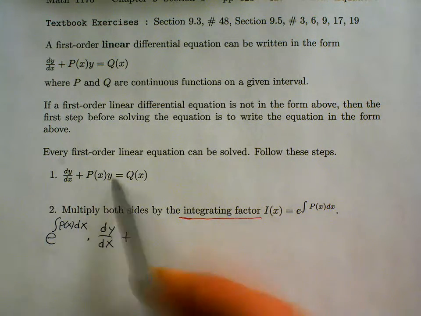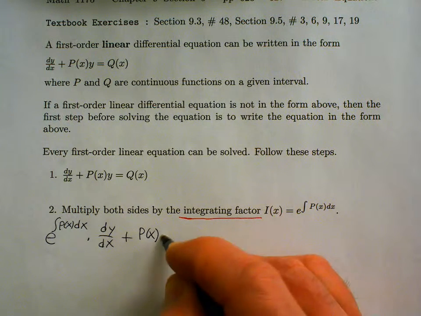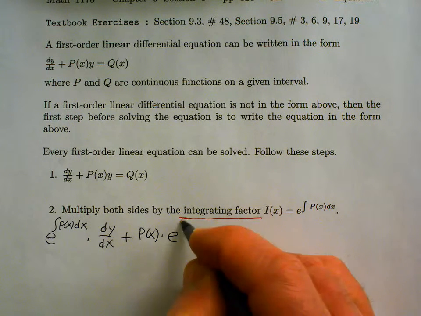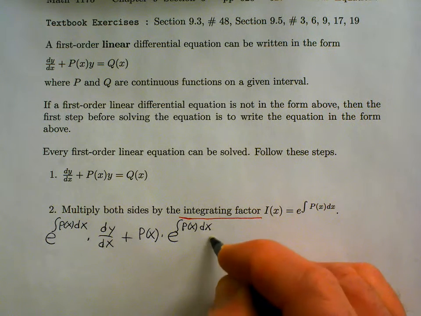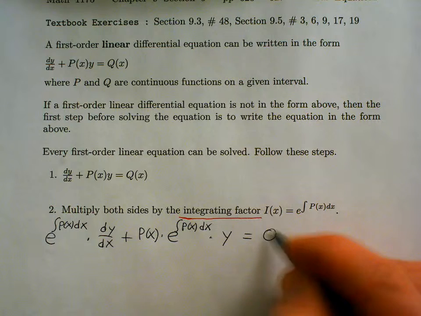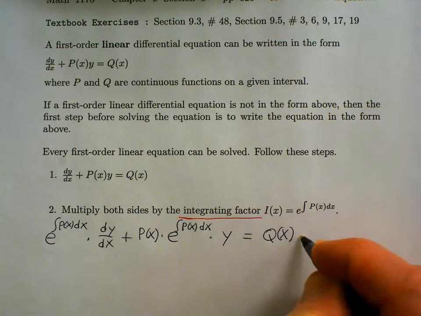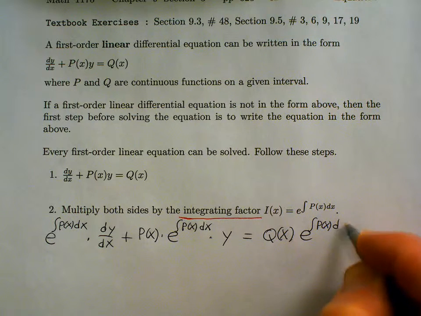And for the next term, I'm going to put p of x out front multiplied by e to the integral of p of x dx, and then times y. And on the right-hand side, q of x times e to the integral of p of x dx.